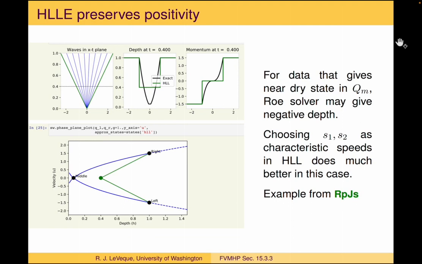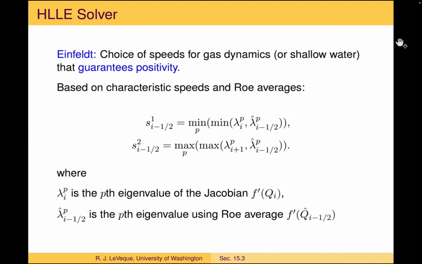So in the HLLE method, the E is for Einfeldt. This was an extension of the HLL solver proposed by Einfeldt because he had been running into similar problems in gas dynamics, where with the Roe solver you can compute intermediate states that have negative density, but the same idea works for shallow water.